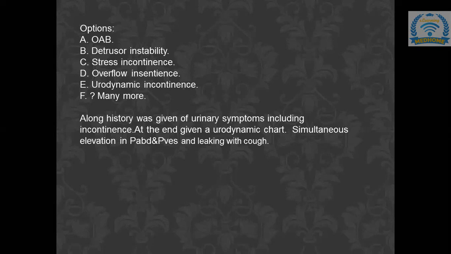If it is wet, that means there is leak, that is incontinence. If it is not wet, it is dry. That means there is a rise in the vesical pressure and the detrusor pressure. Now, when we talk about sensory urgency, the whole of the urodynamics will be normal. There will be no problem with the urodynamics. Only the capacity of the bladder will be reduced.